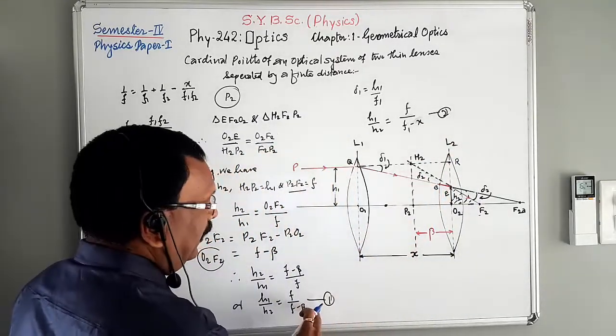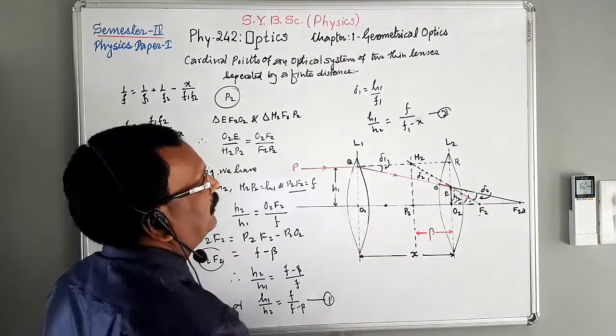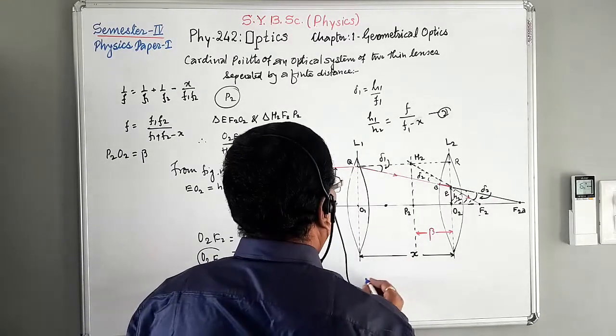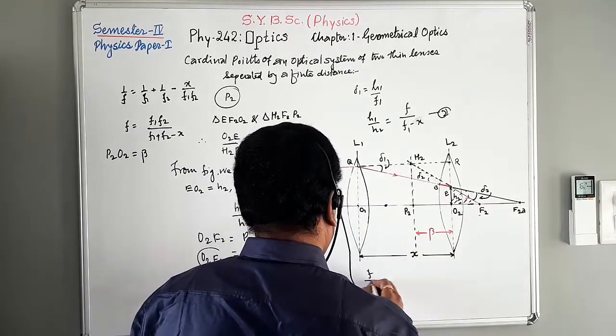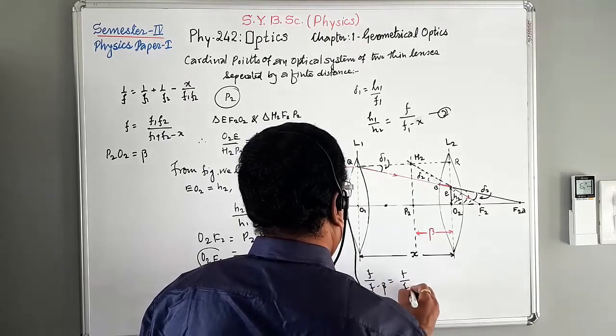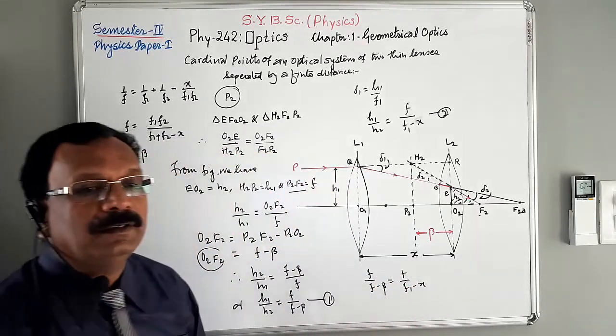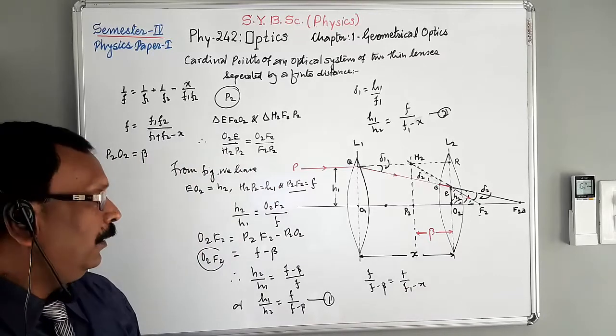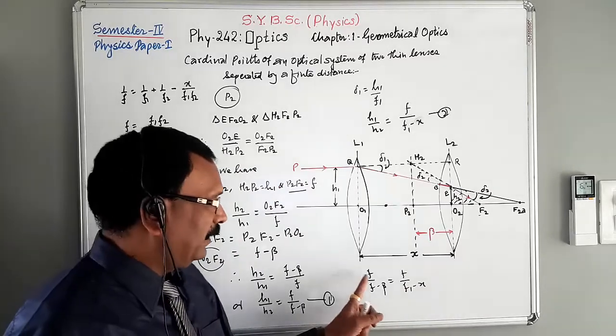Now when we compare equation 1 and 2, we have F upon F minus beta is equal to F upon F1 minus X. Or we can simplify it.